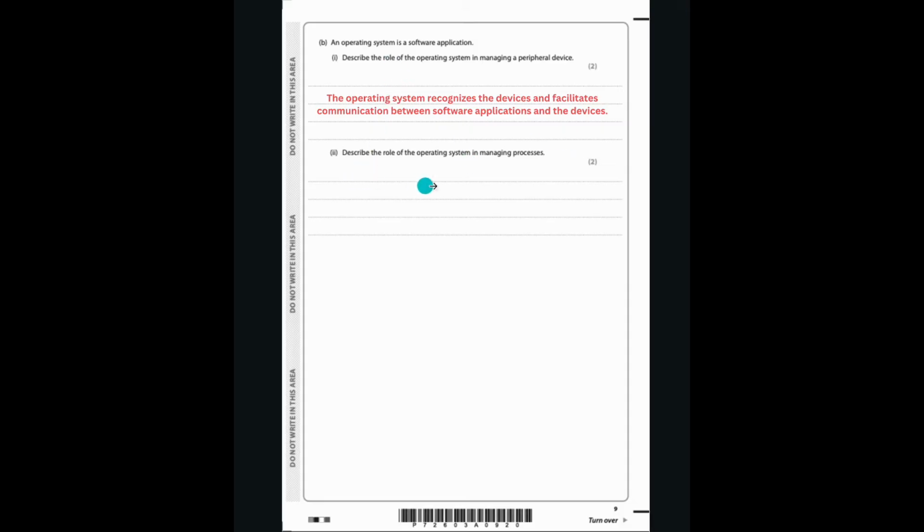Next question: describe the role of the operating system in managing processes. For operating systems, this is one of the most common questions that come up: how does the operating system work? There are 4 to 5 processes that the operating system handles, so you can go through the notes and identify how it works. Here, it manages processes, ensuring that every task has an equal chance, set by its priority, and is held in a queue while waiting.